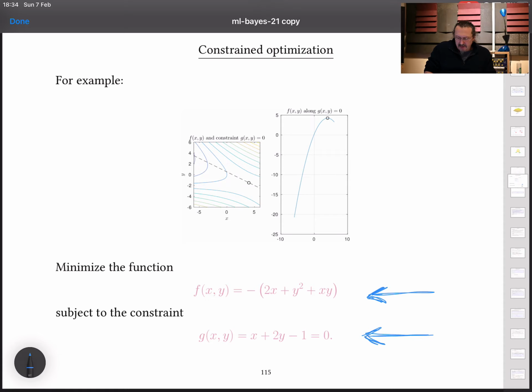Okay, that's actually linear. We want to maximize it, but only along the line described by g of x and y. Now the value of f of x, y along that line is shown on the right. Hopefully you can relate that to the contour plot on the left, where the dotted line corresponds to g of x, y equals 0.